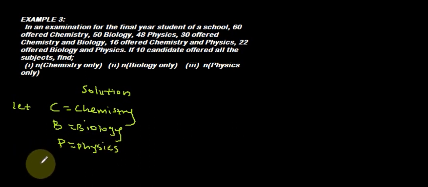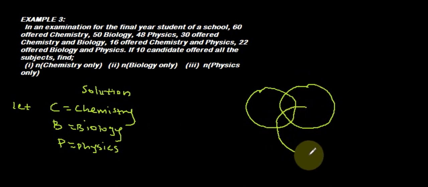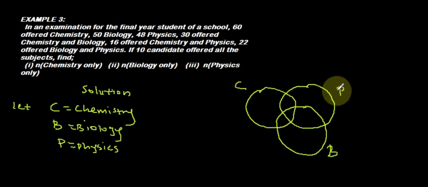The next thing is that this tells you that we have 3 circles to draw. Let's draw the circles here. We have 1, 2 and 3. So I'll call this my C, here my B, and this is P.